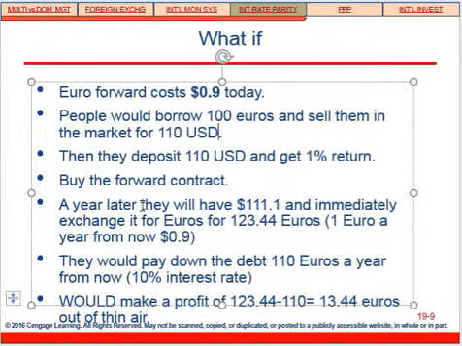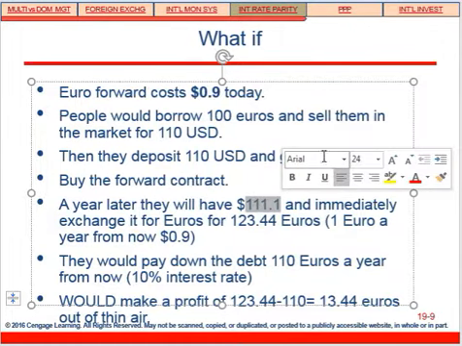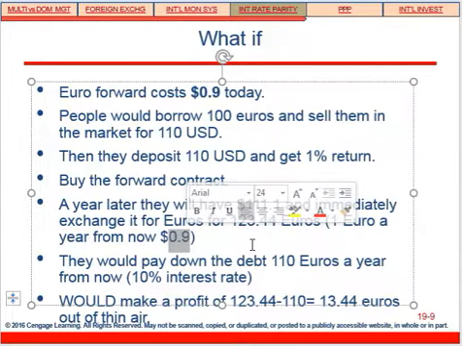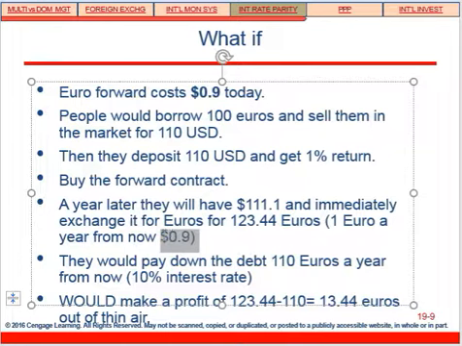A year later, with the 1% return, they will have $111.10, and then immediately exchange it for euros at this lucrative price, $0.9 per euro. If you exchange it at this exchange rate a year from now, you are going to get 123.44 euros. Then they will pay the debt.